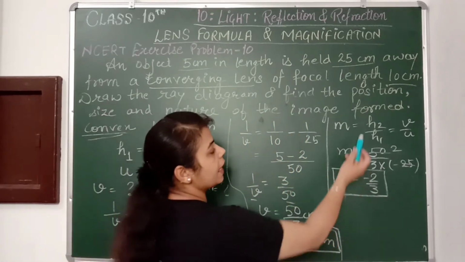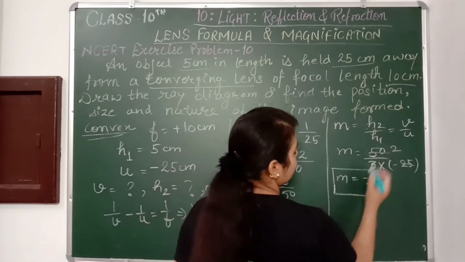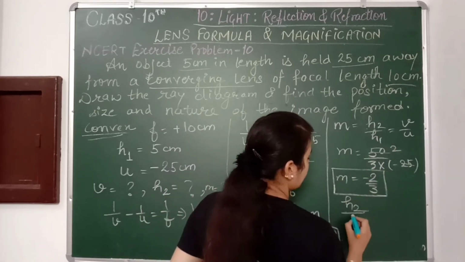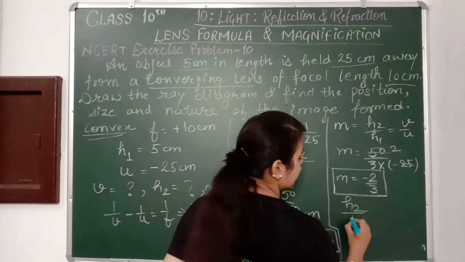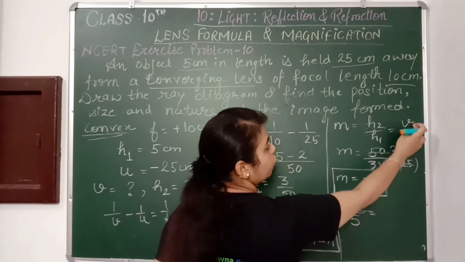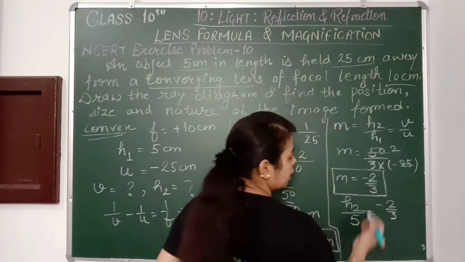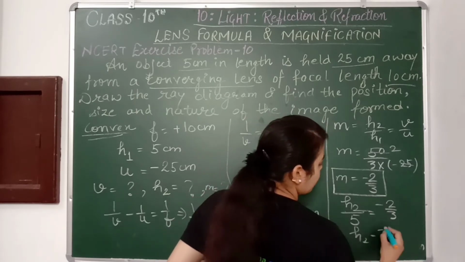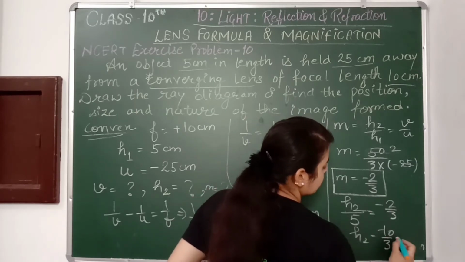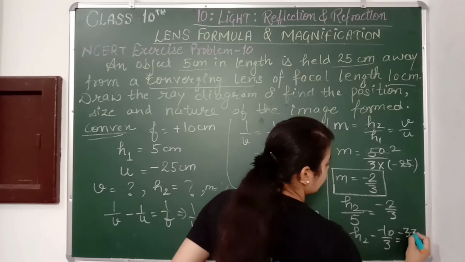Next we have to find h2. For h2 by h1, h1 is given as 5 centimeter, which is equal to v by u, that means minus 2 by 3. h2 will come out to be minus 10 by 3, which is equal to minus 3.33 centimeter.